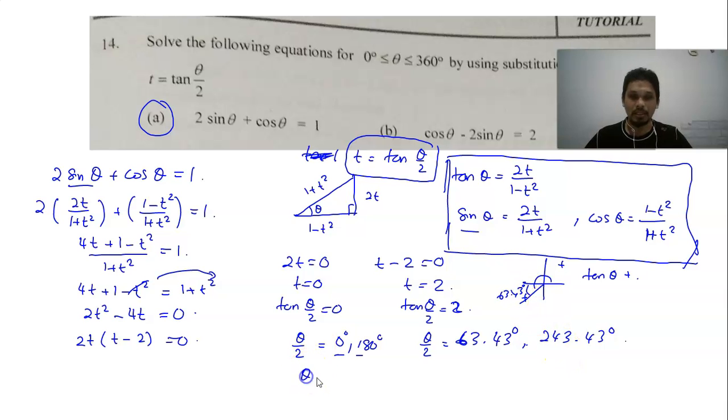Then theta equal to 2 times 0, 0 degrees, and 2 times 180, 360 degrees.